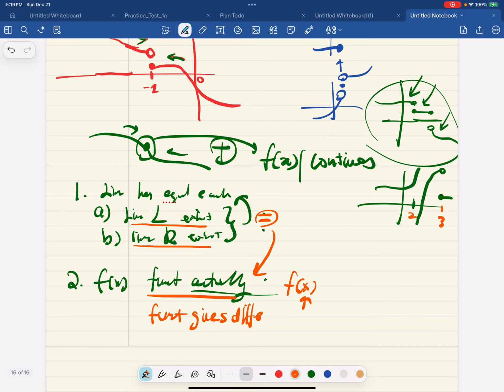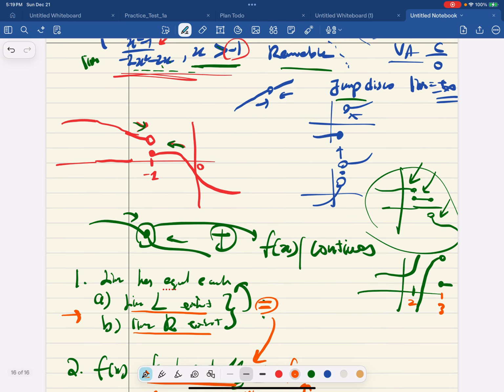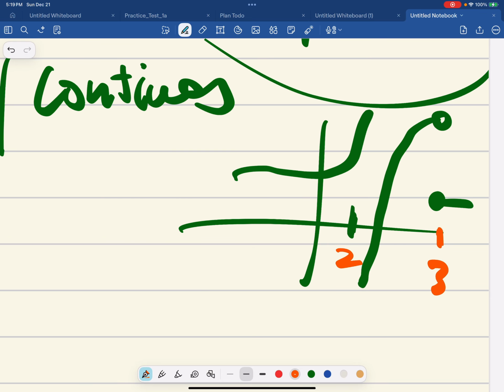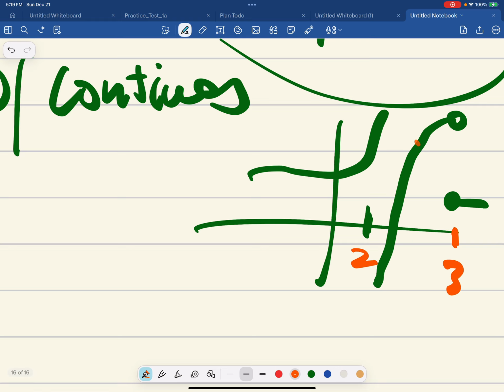What happens if the actual value is different from the limit? What does that mean? That means that whatever it is approaching is not the same as what the value actually is. That's the case here. When it's approaching 3, it is approaching 4, but the actual value at 3 is 2.